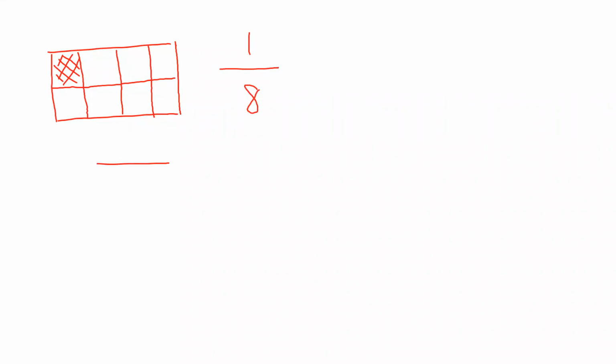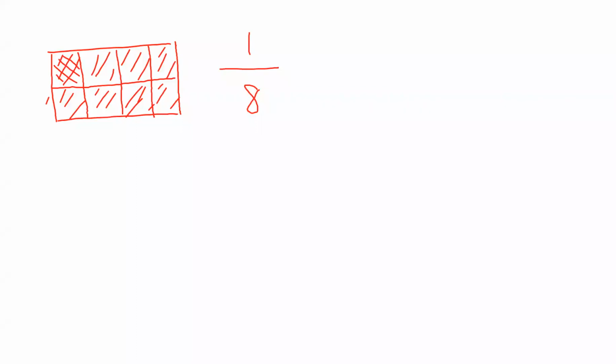Okay, what if I was asking about the shaded parts, but all the small squares are shaded? I have all 8 squares shaded. Come on, I want to repeat something from the beginning. Exactly, perfect. Well done.